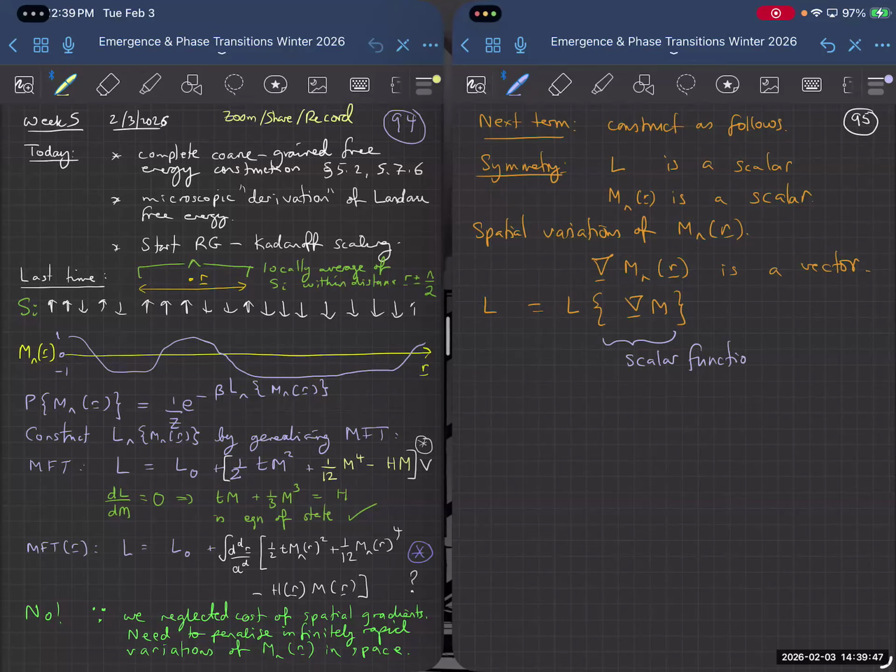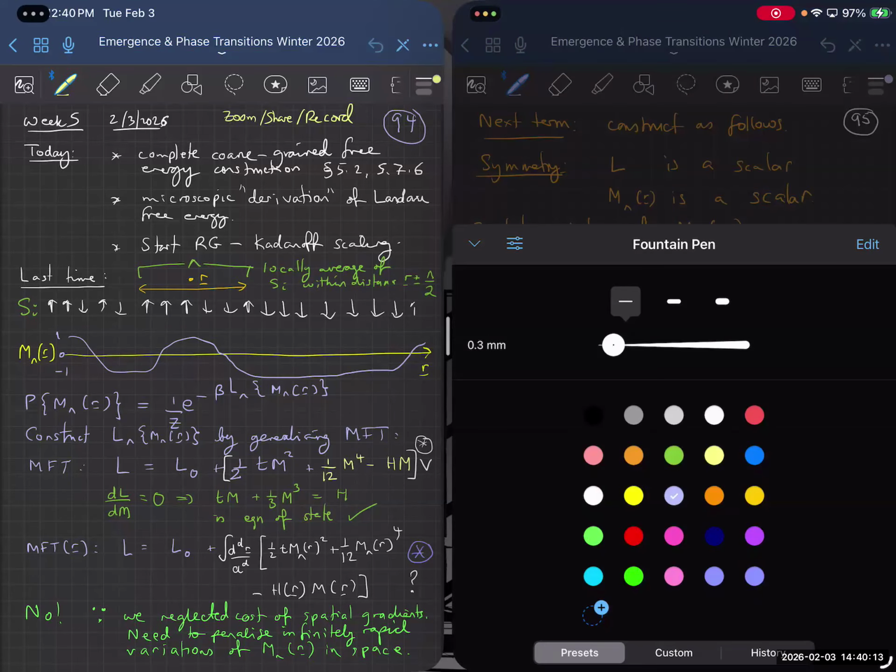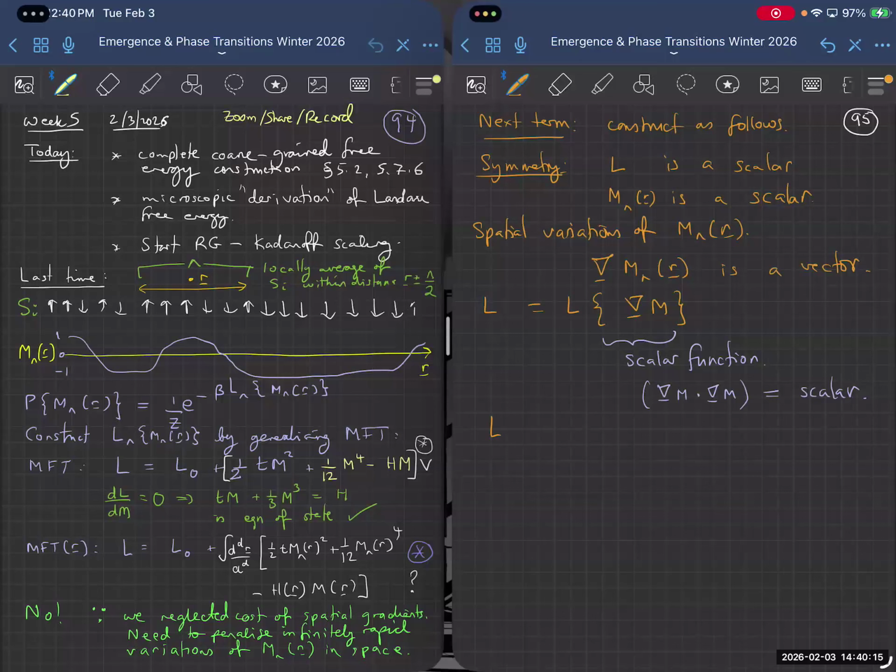So the only way that I can construct a scalar function from a vector is the obvious one, which is to take its norm. So I could say, for example, I'm going to take grad m dotted with grad m, and then that would be a scalar. So that would be a good thing to do. So then, if we do that, our formula for the free energy becomes the following.